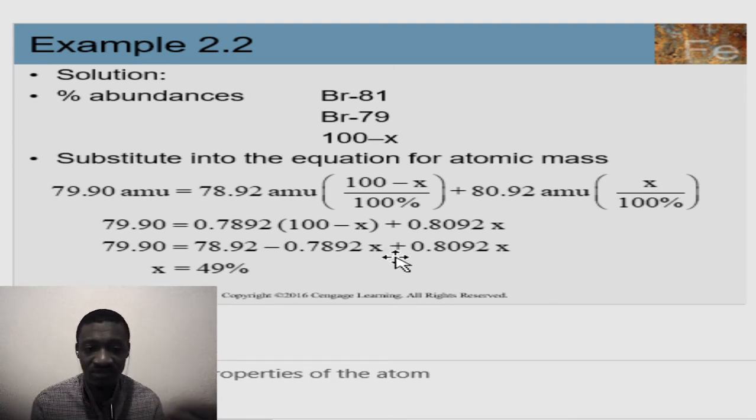And when you divide both sides by 0.02, you have 49, because you're dividing 0.98 by 0.02, so you have 49, which is your answer that you can see here.